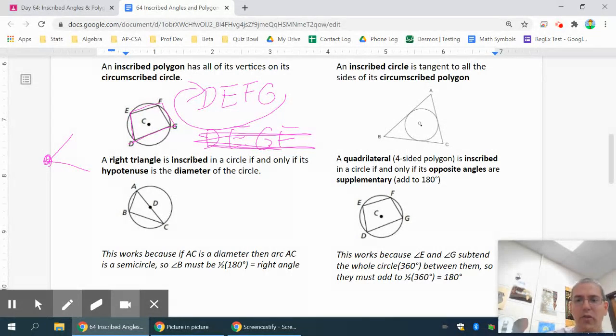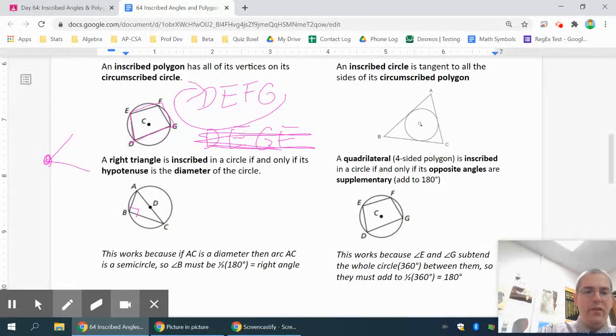An inscribed circle, on the other hand, means the circle is actually inside, and then the polygon would be circumscribed around it. Now, if you have a right triangle here, this right triangle is actually inscribed in this circle. But what this means is, if this is a right triangle, this is 90 degrees.